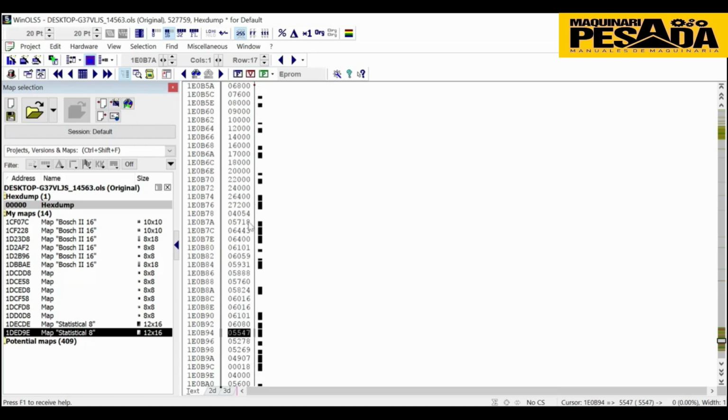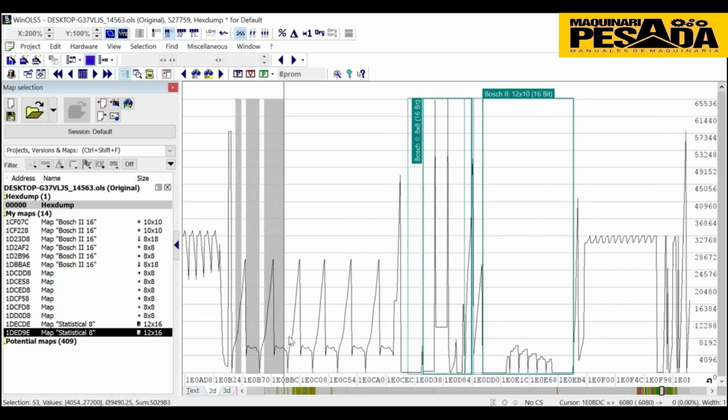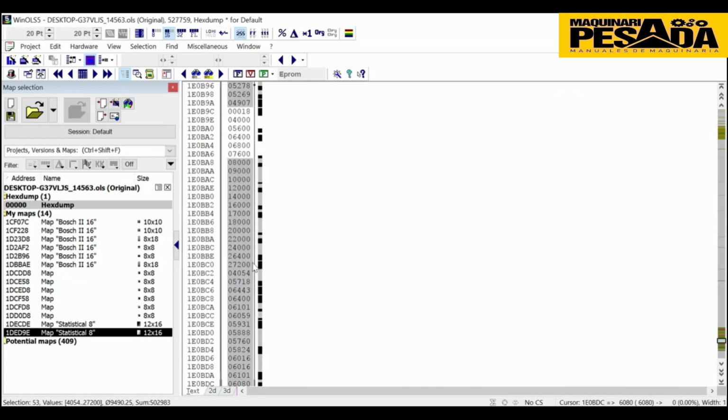Here would be engine speed, and this area would be the map itself. Okay, and here is the engine speed axis, and it's called engine limiter of turbo pressure. It's one of the main limiters of turbo pressure. It should come from here.